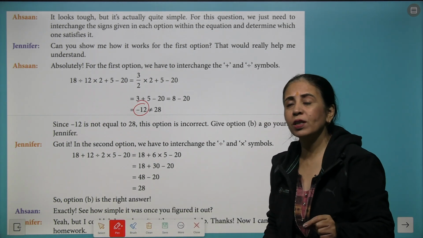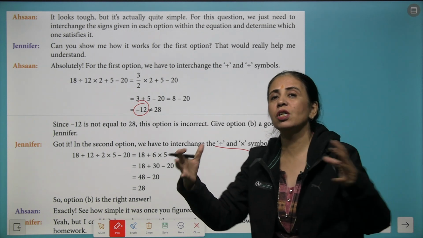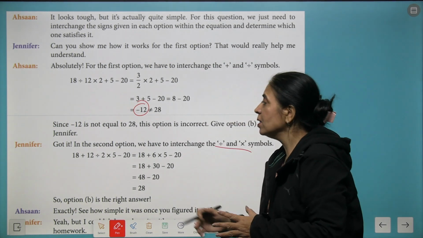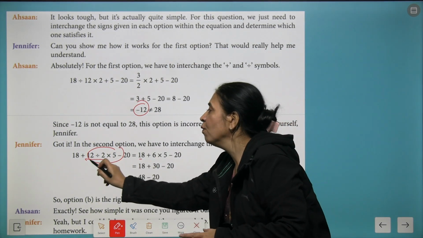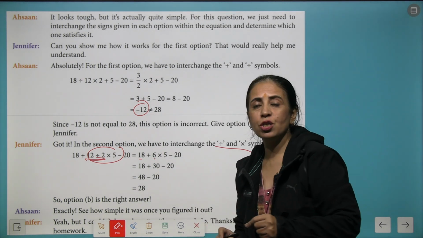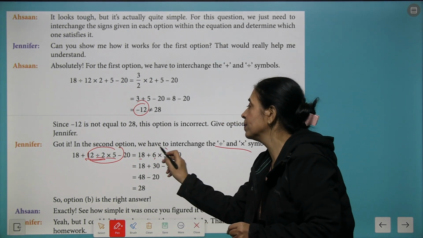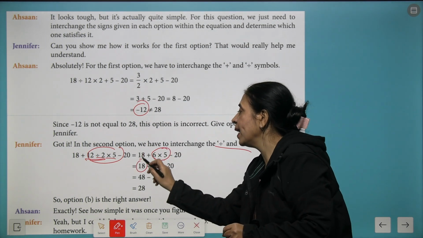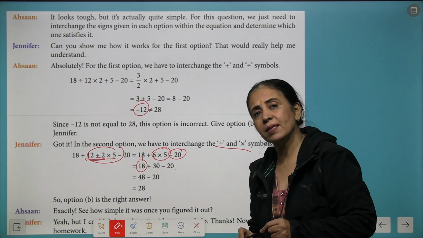Further, we go for the second option where division and multiplication are replaced. And on solving, we get the result. First thing we have done is 12 divided by 2. That changes to 6. And then 6 multiplied by 5 becomes 30. So we get 18 plus 30 and this minus 20 remains as it is.